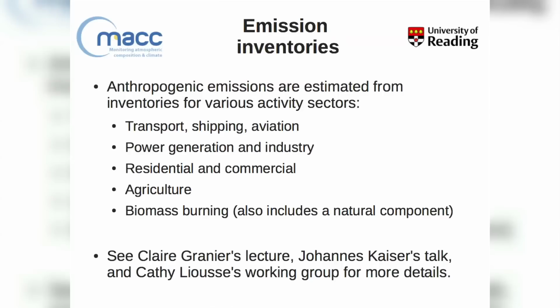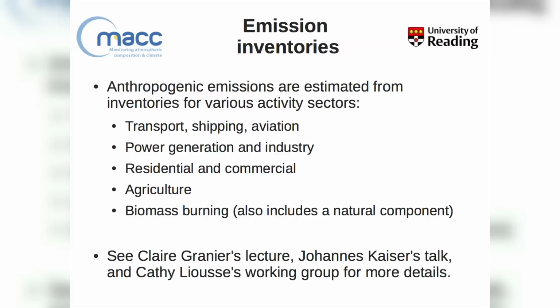So, emission inventories. This is what we use to get the anthropogenic emissions. So they tend to be estimated for different sectors, typically transport, shipping, aviation, power generation and industrial, residential and commercial, agriculture, and biomass burning.